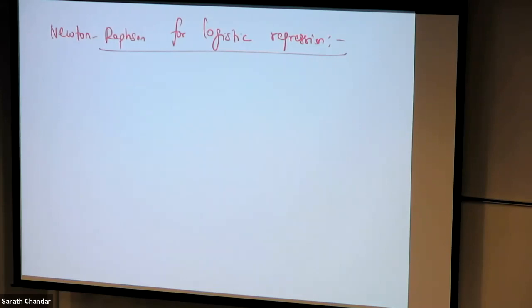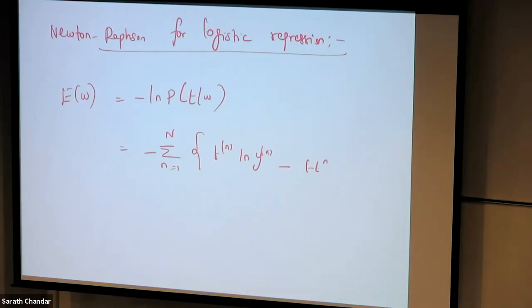It's not that complicated. Our error function is minus ln p of t given w, right? This is basically minus the summation over n equal to 1 to capital N, t of n ln y of n plus 1 minus t of n ln 1 minus y of n.